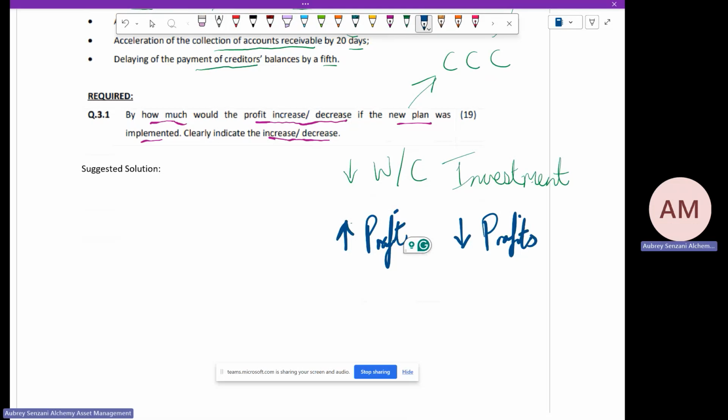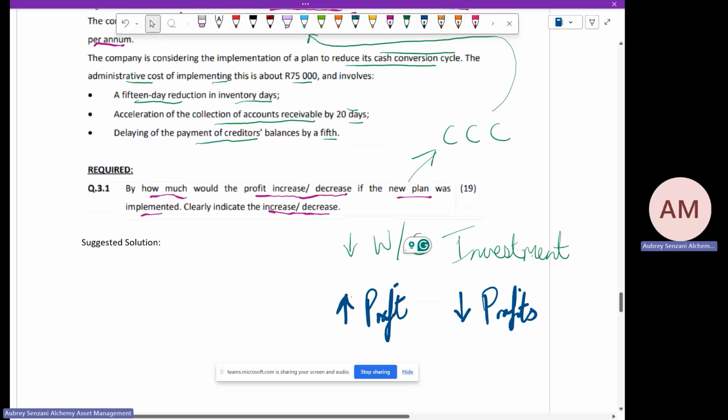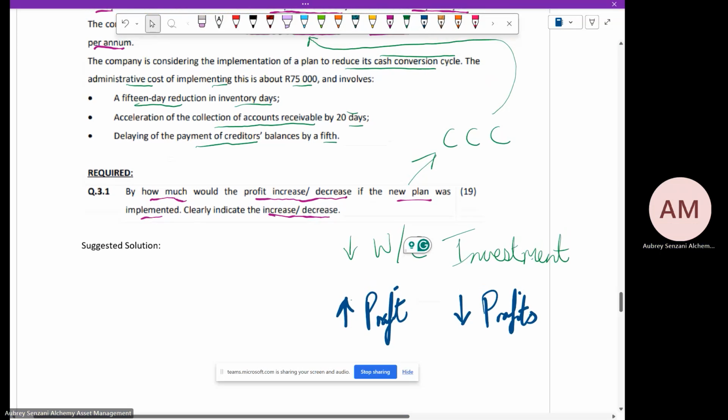So if you do reduce your working capital investment, yes, you should have an increase in profits, but we need to verify that, because remember, there are different elements of your working capital. But anyway, now we know what we're doing. Does that make sense? Now that we know what we're doing, now we can do it.